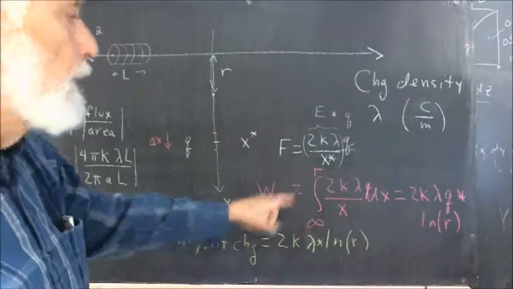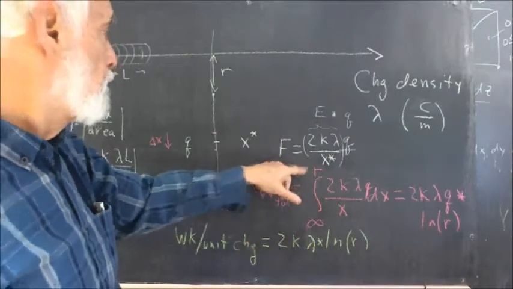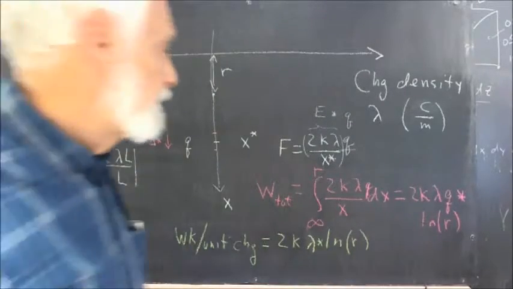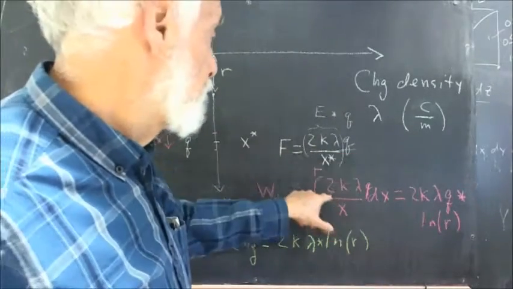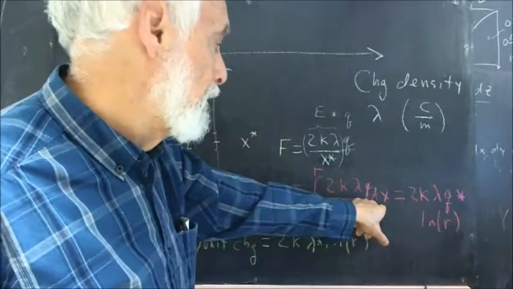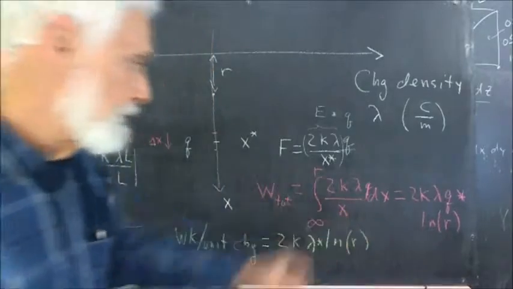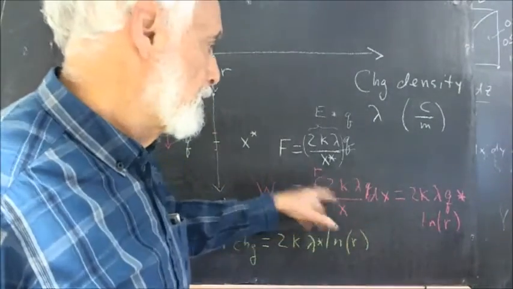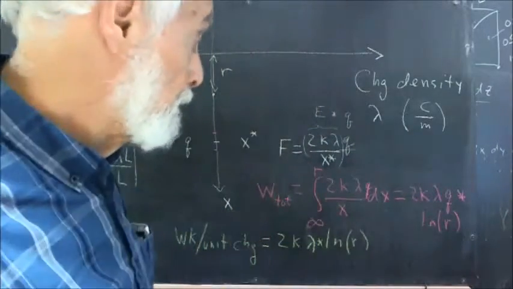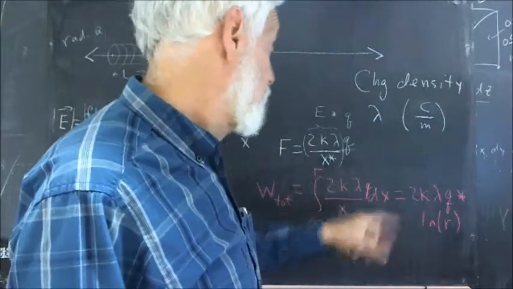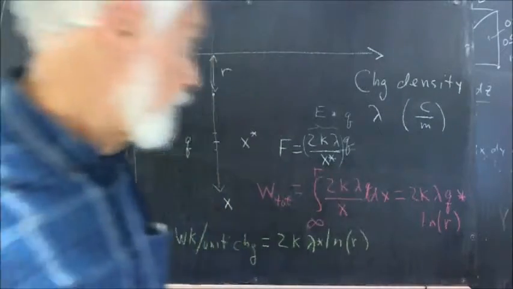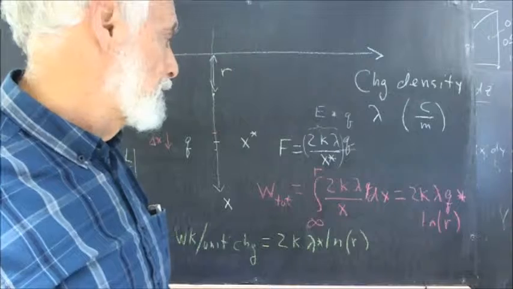And that's going to lead us to the integral from infinity to r, from way out there to this position, of the force, 2 pi k lambda times q over x, dx. So we integrate with respect to x. Everything else is a constant. The 2 pi lambda q comes out of the integral. The integral of 1 over x dx, the antiderivative is going to be the natural log of x.